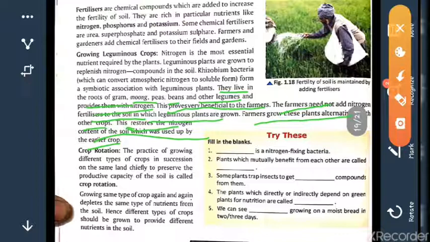But if we grow the leguminous plant, then over that time they catch the nitrogen from the atmosphere again and fix it in the soil.